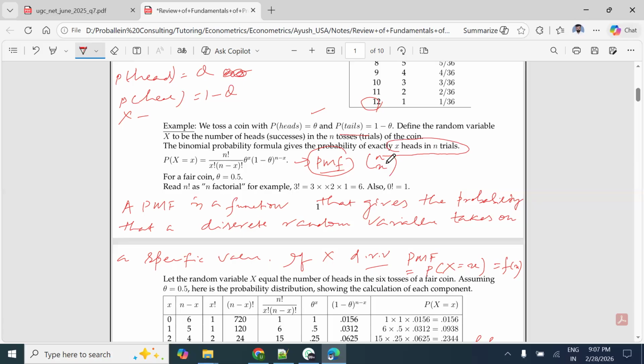Suppose, for example, n is equal to 3 and you want x equal to 2. Then the arrangements will be SSF, SFS and FSS. So basically you will get 3 ways.